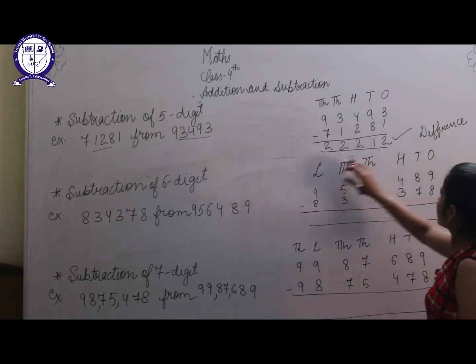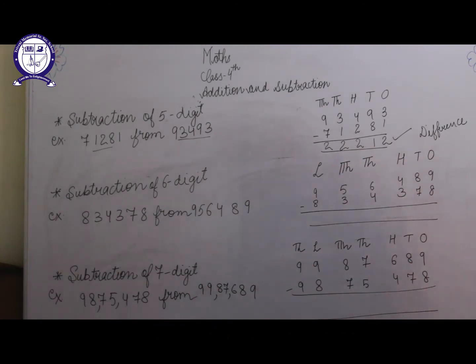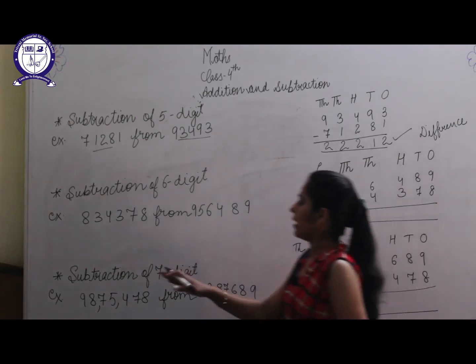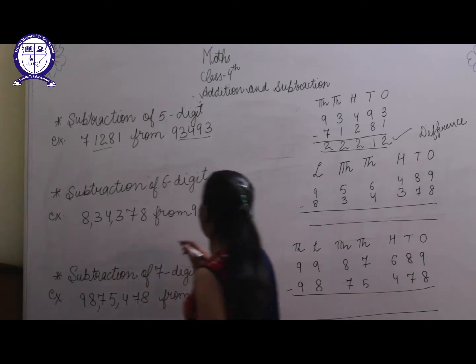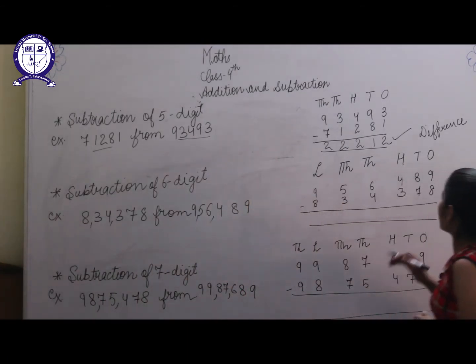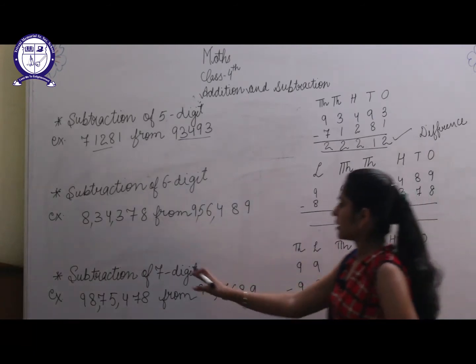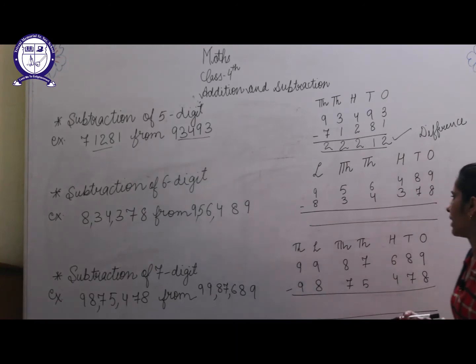What is the difference? 22,212. So now subtraction of 6 digits, students. Here we are having 8,34,378 and 9,56,489. So we will subtract 8,34,378 from 9,56,489.